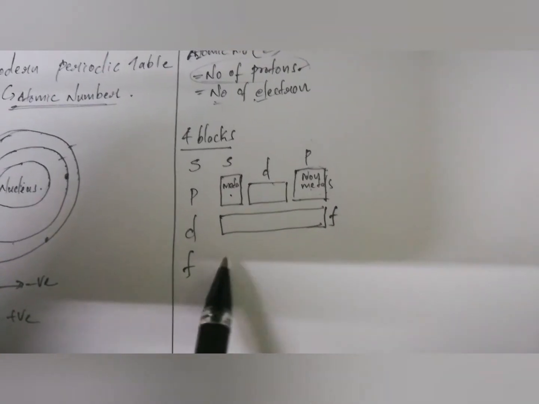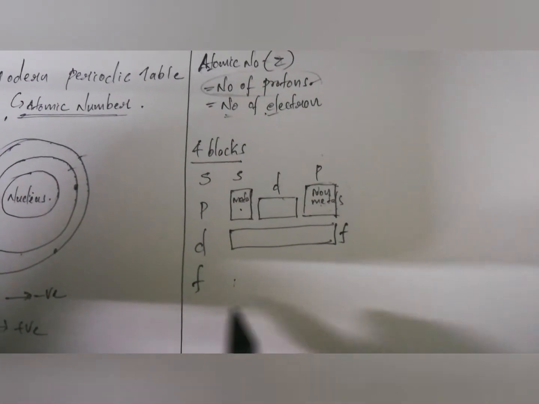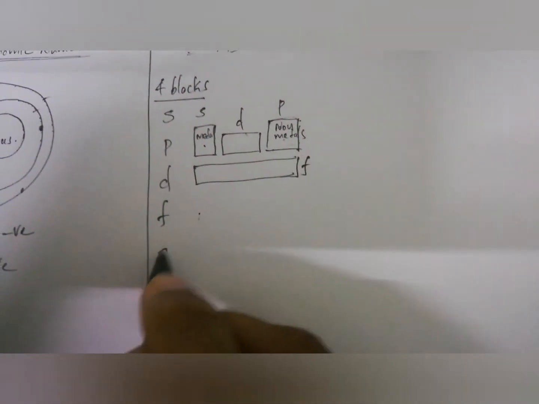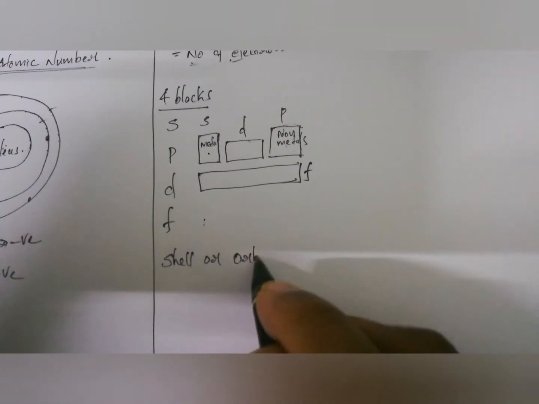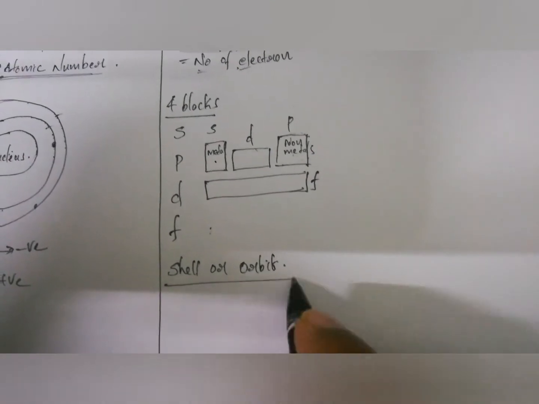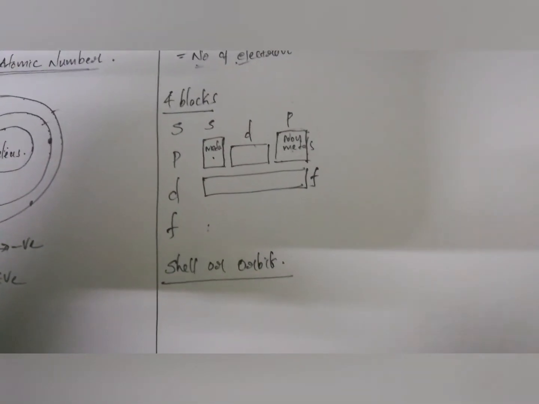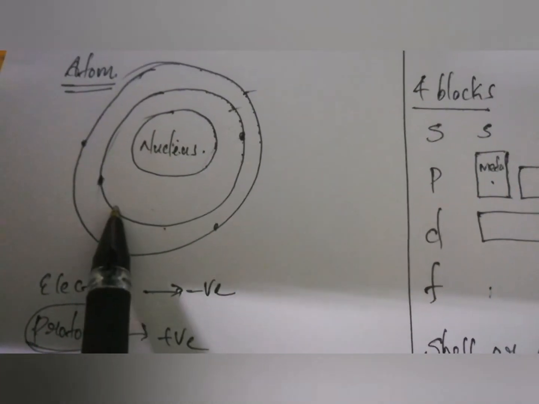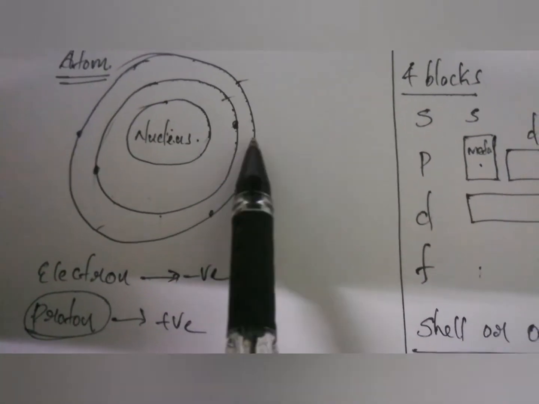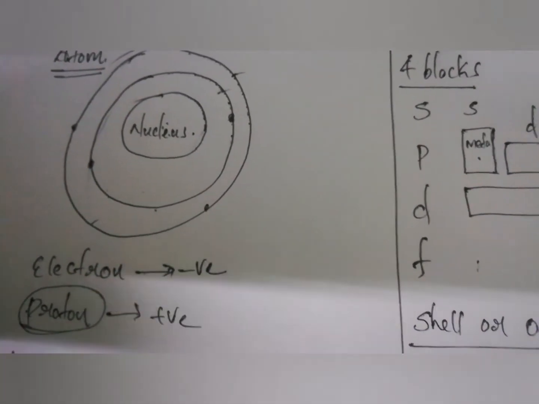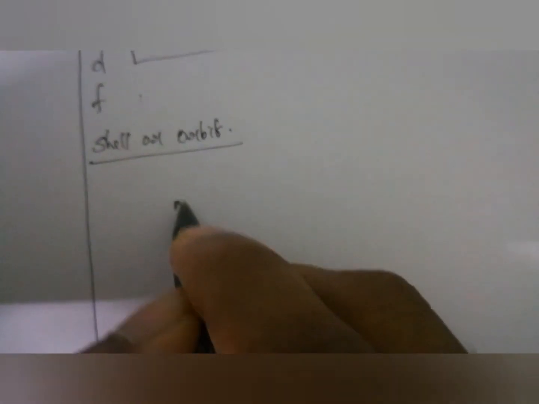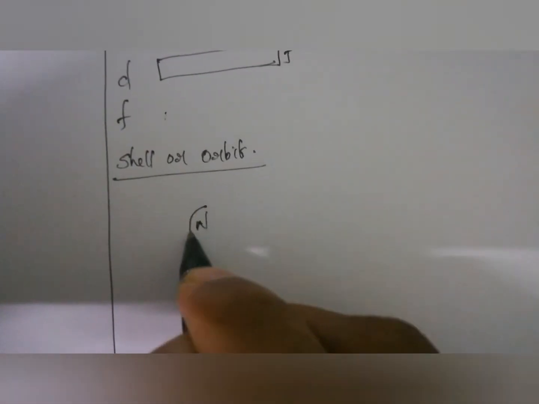Then we can talk about the shell or orbit. The electrons revolve around the nucleus in a fixed path called a shell or orbit. Let's draw one more figure.